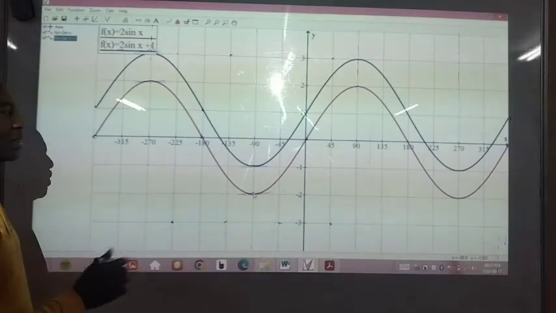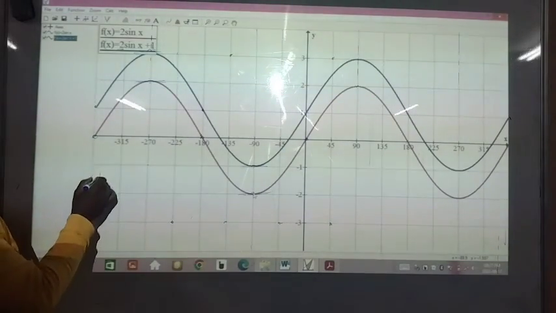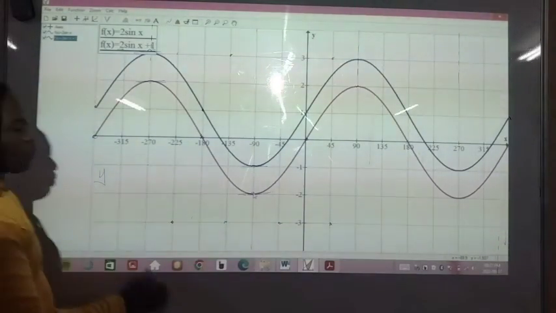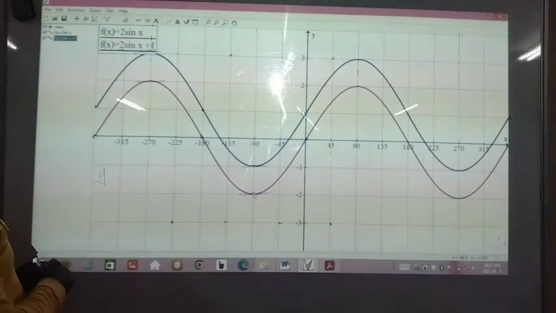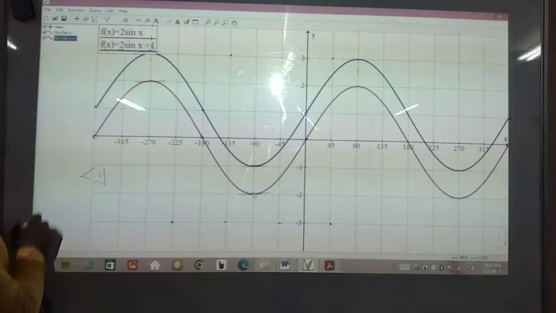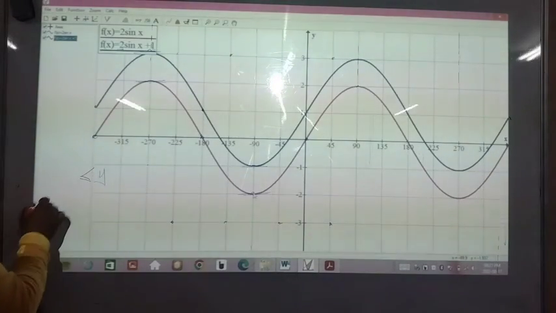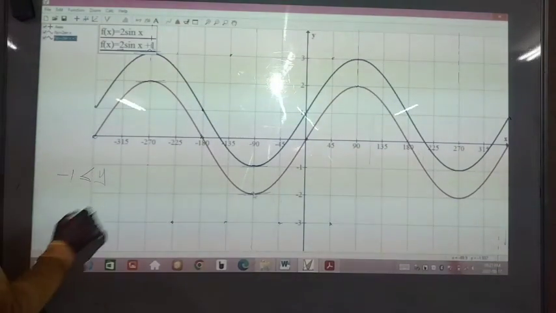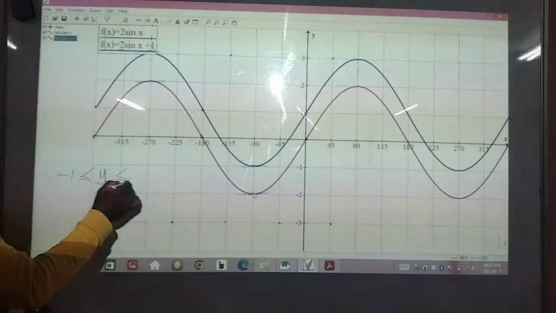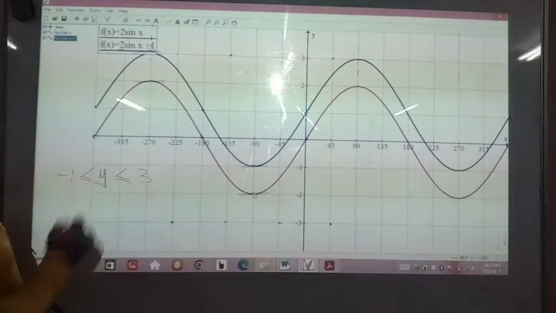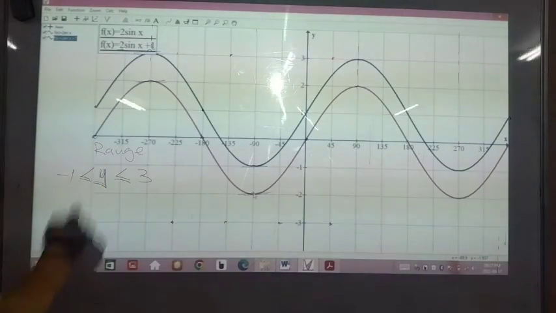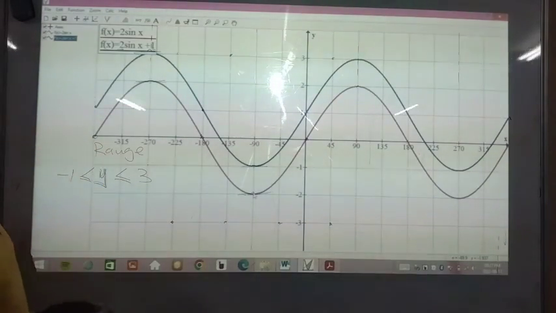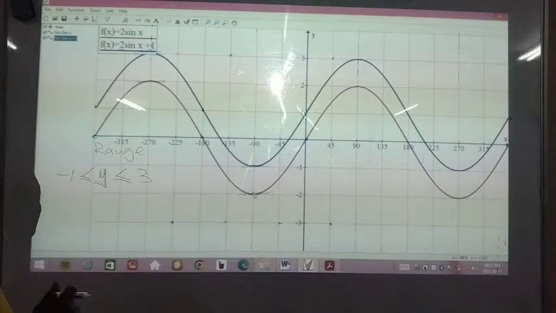So that changes the range. The range, that will be y, is greater or equal to -1 but less or equal to 3. So the range is what is affected on the graph of sine and the graph of cosine.